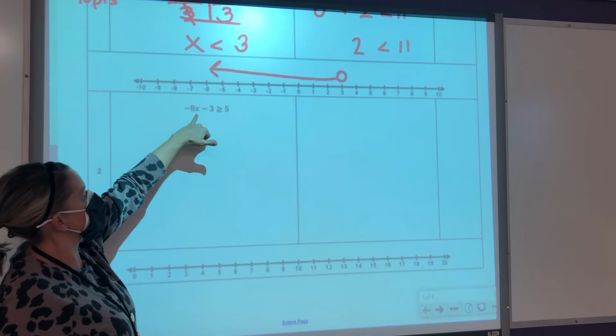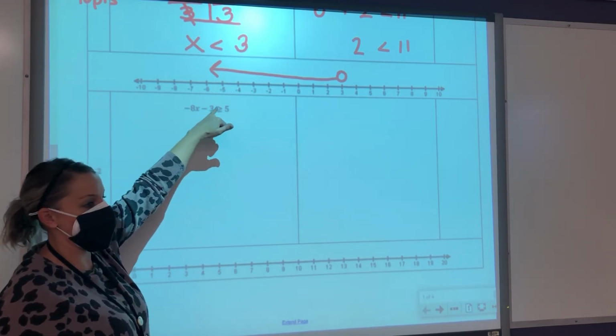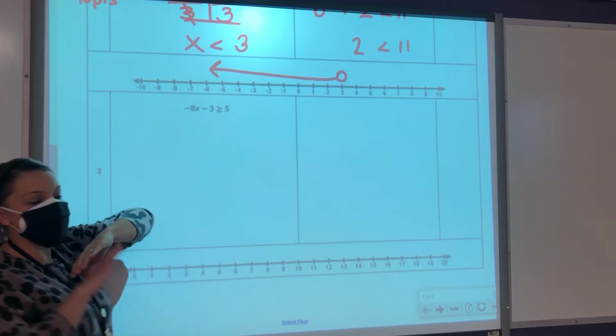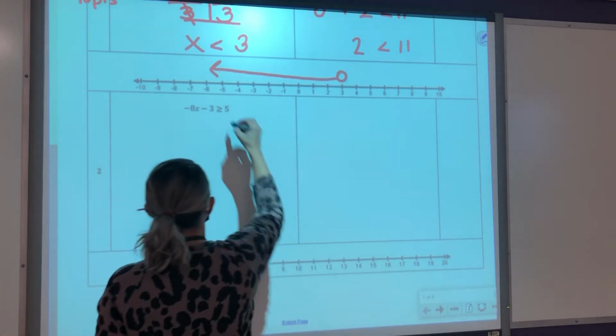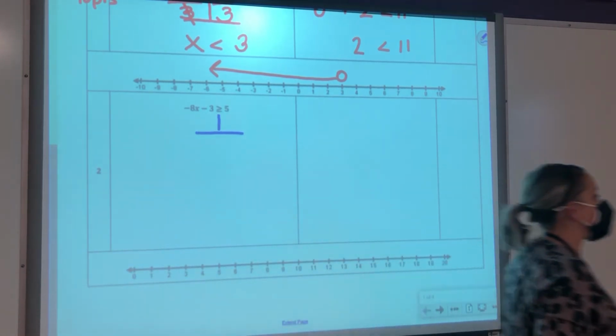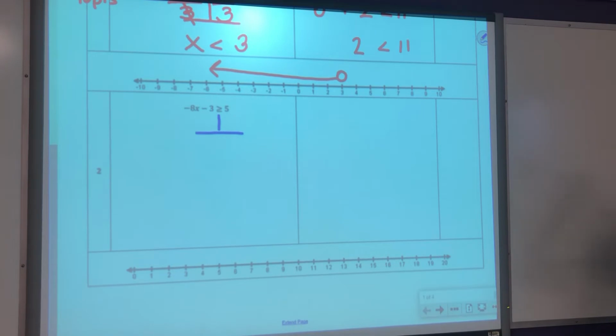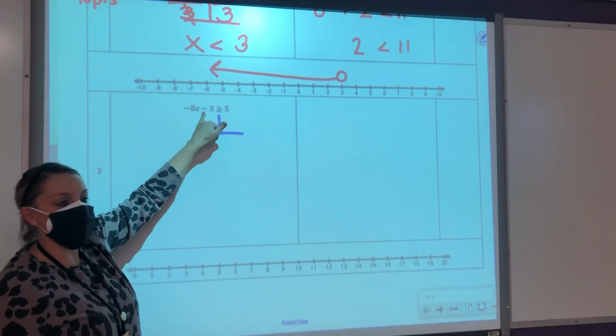Negative 8x minus 3 is greater than or equal to 5. Always our first step? Add 3. Upside down T. The upside down T reminds us, whatever we do on the left, we also have to do on the right. 3 is being subtracted.